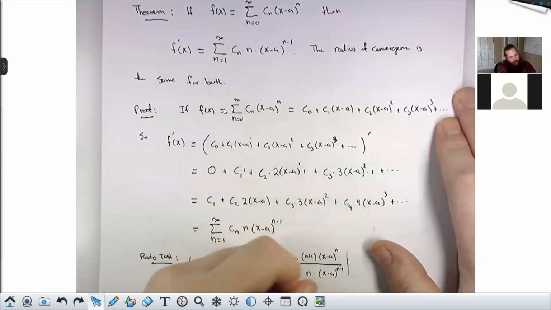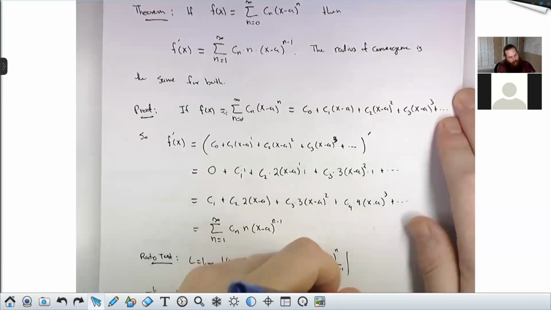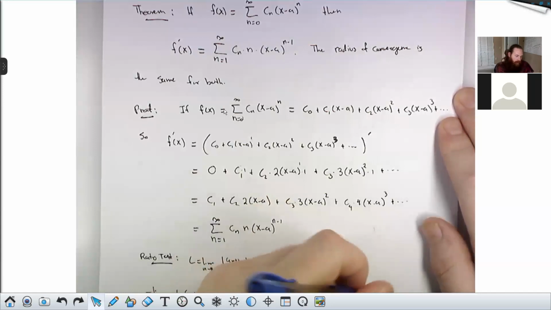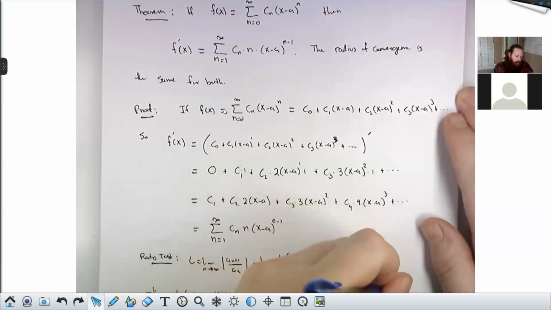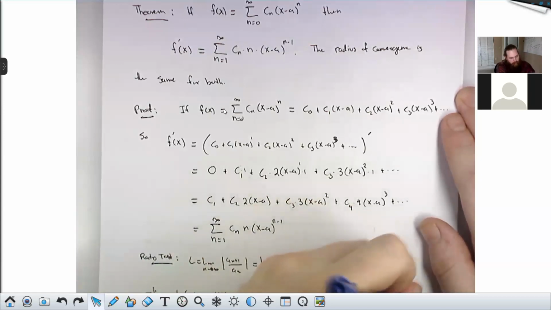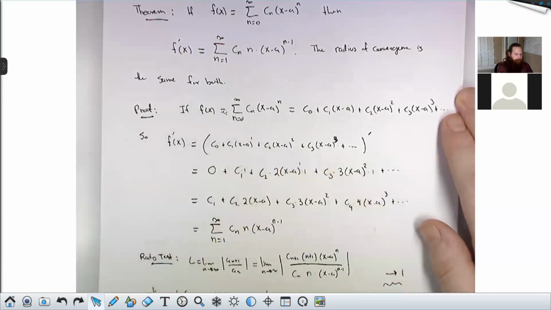Pop out the absolute value of x minus a, you get the limit as n goes to infinity of abs C_(n+1) over C_n times abs (n+1) over n. And again, this piece goes to 1.